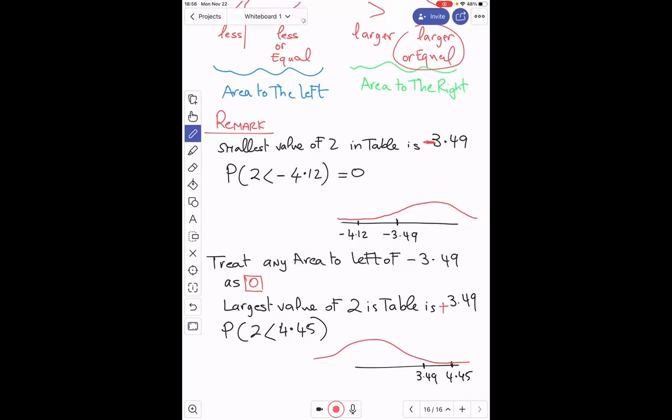So you can just treat this area as equal to 1.